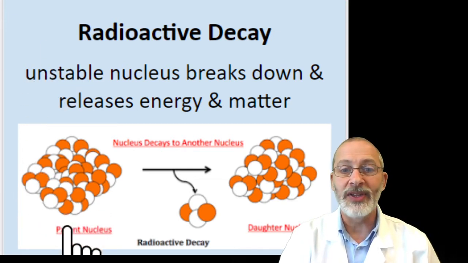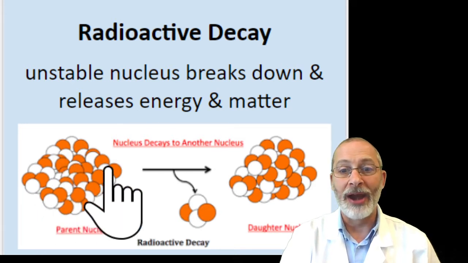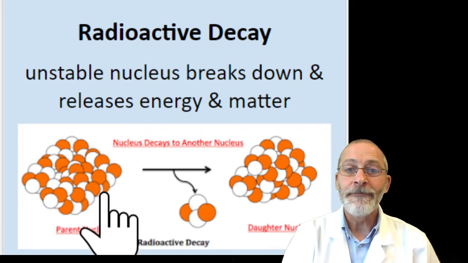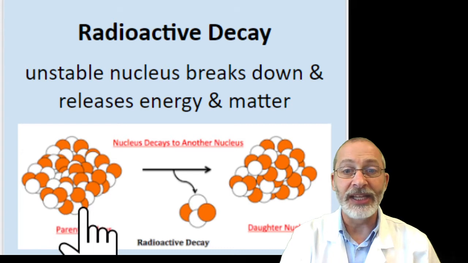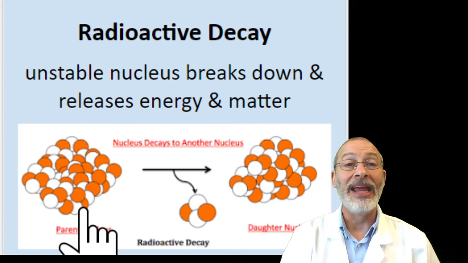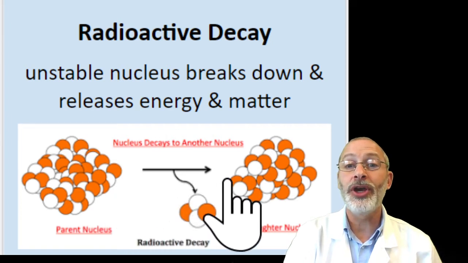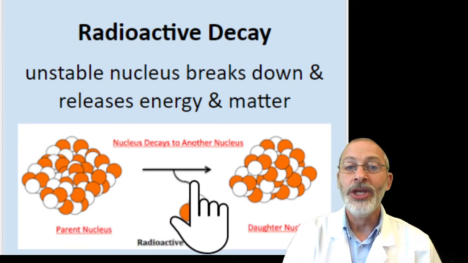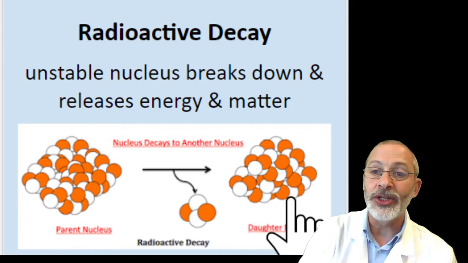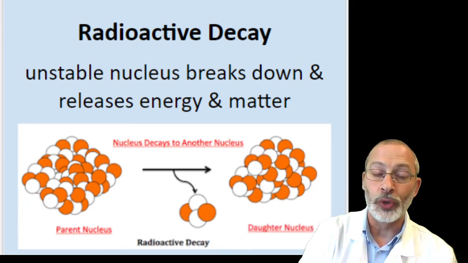So here we have an example of a parent nucleus that is evidently unstable. The binding energy isn't enough to hold it together, and so it undergoes decay, changing the nucleus into a different nucleus.